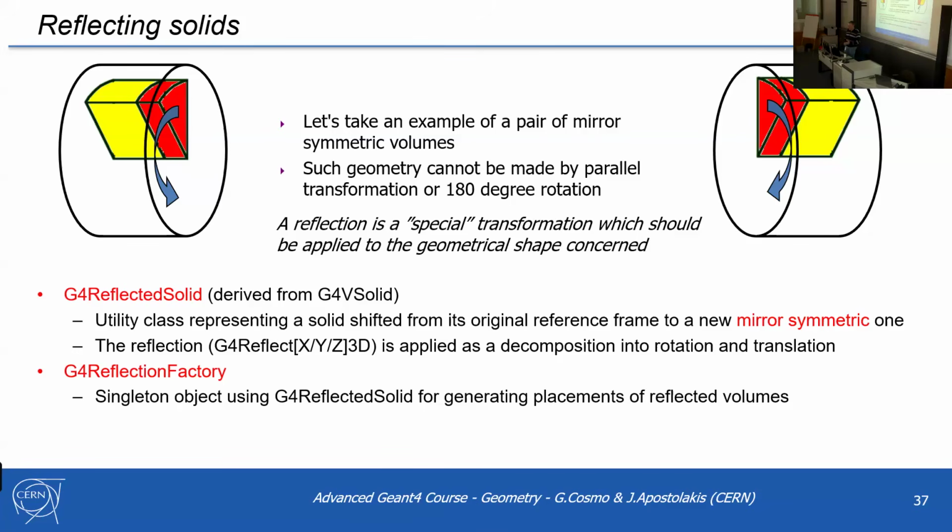And the reflection, which is a G4Reflect3D, is then applied as a decomposition into rotation and translation. And for using this utility class, there is a factory, G4ReflectionFactory, which is a singleton object that uses the reflected solid for generating placements of the reflected volumes.